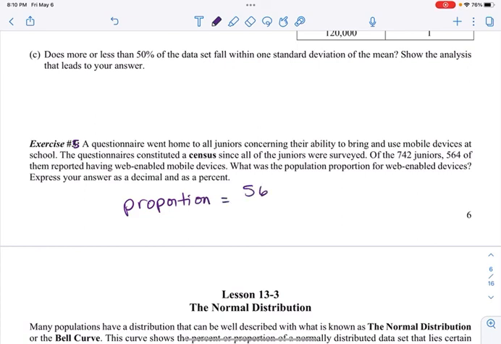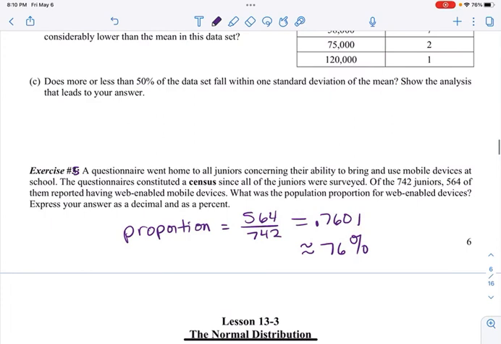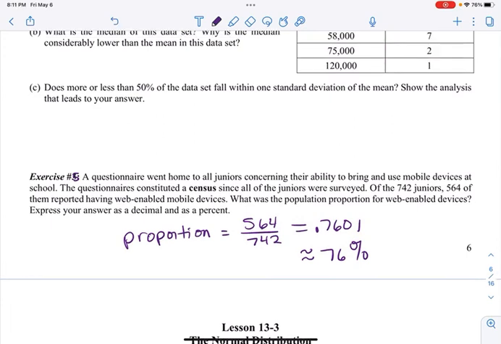So 564 over 742. And that's equal to 0.7601. So there it is as a decimal. If I wanted to have it as a percent, I can just move my decimal over 2 places. It's about 76%. Okay, so that's the proportion. I'm just writing those numbers as a fraction. And that's it.